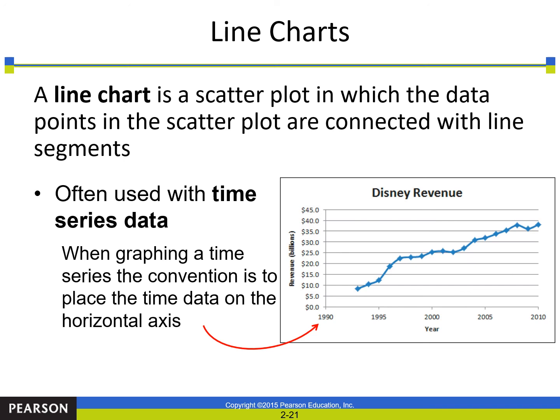So for example, here you can see how we're observing Disney revenue over a period of time, looks like from 1993 roughly and up to 2010. So once again, a line chart is just a scatter plot where your data points are connected.